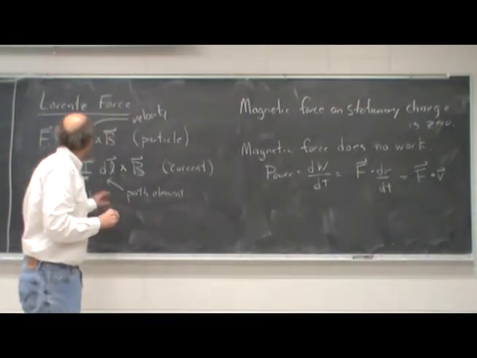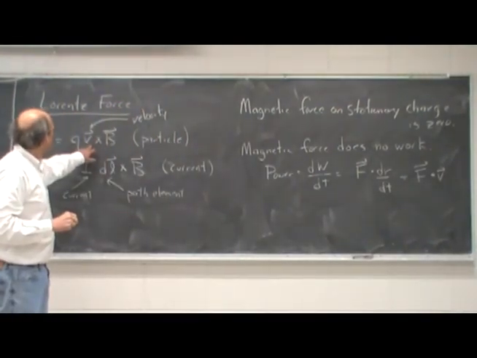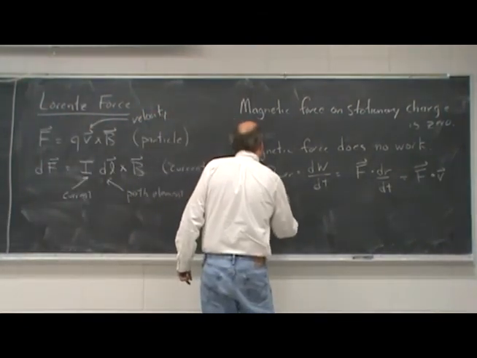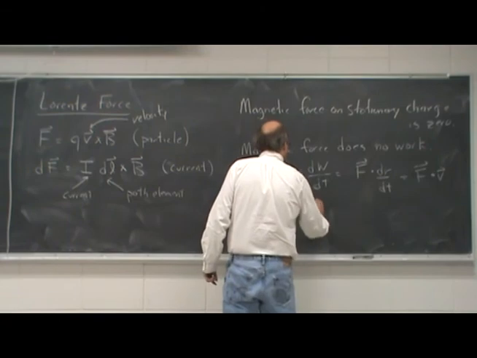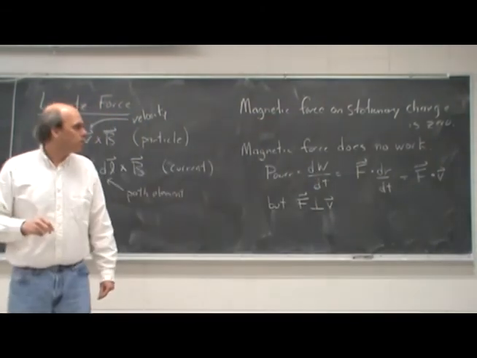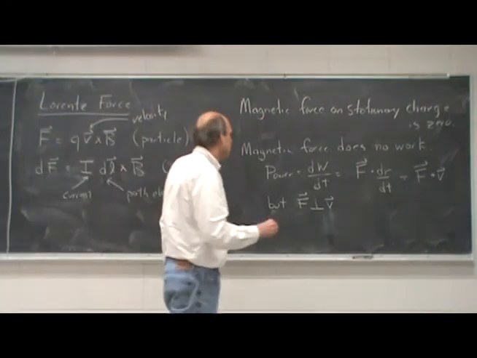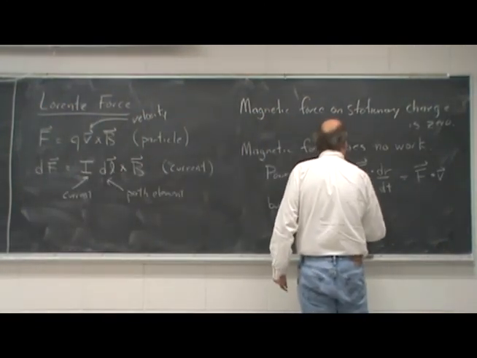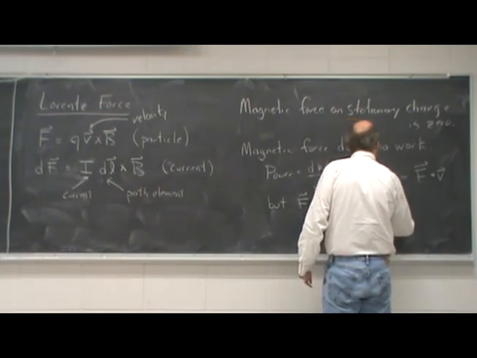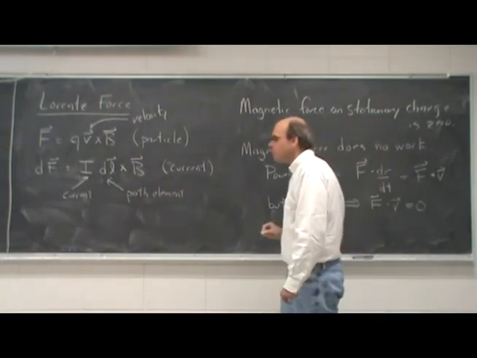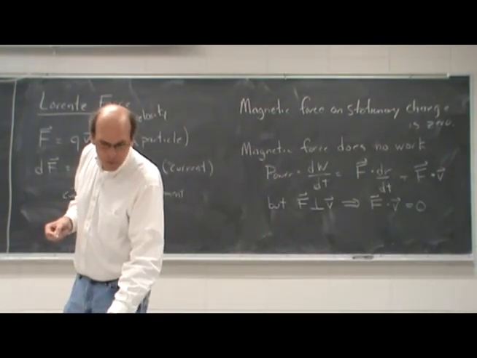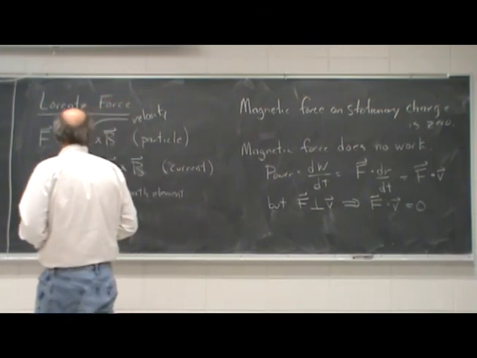But because of this cross product, the force and the velocity are at right angles. And if you dot two perpendicular vectors, you get 0. So the magnetic field does no work. Anytime you see work done, that means it's got to be the electric field getting it done.